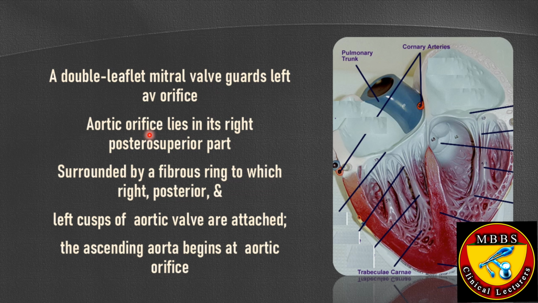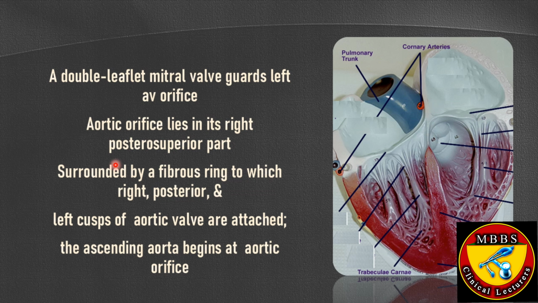The aortic orifice lies in its right posterior superior part, right? So the aortic orifice lies at the superior posterior part. It is more towards the posterior and superior, at the roof on the posterior side. This is more anterior, this is more posterior, right?